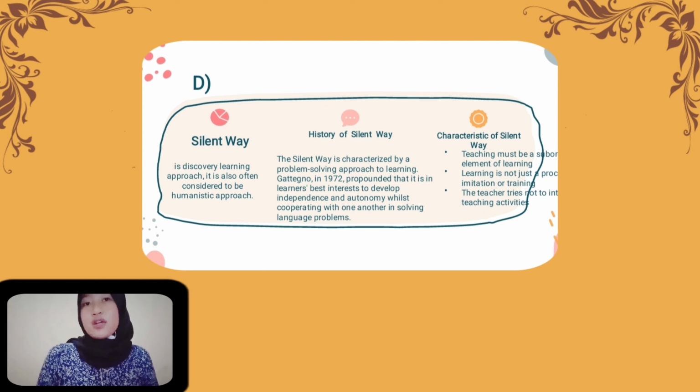Four, teachers rarely make corrections because learners are considered capable of correcting themselves. Five, speaking activities are carried out after doing writing exercises. Six, if necessary, learners are responsible for their learning process.